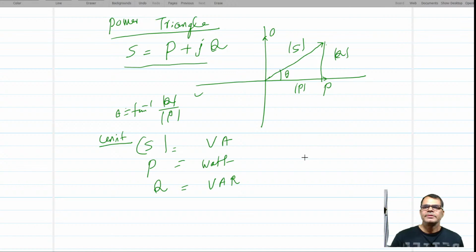So we'll move to the lagging load and leading load. How to identify a lagging load and a leading load? Two cases arise.